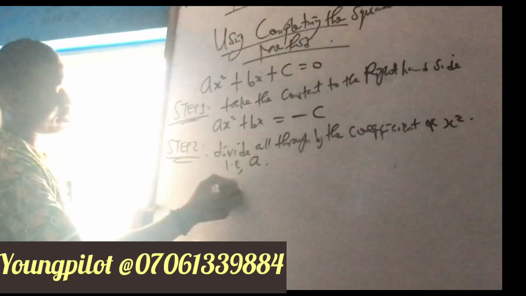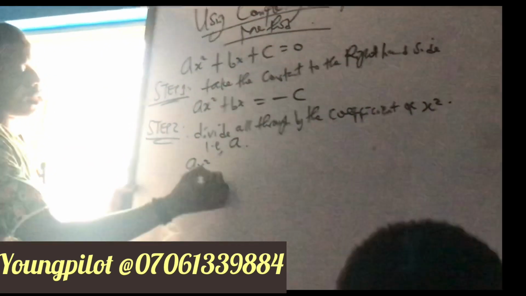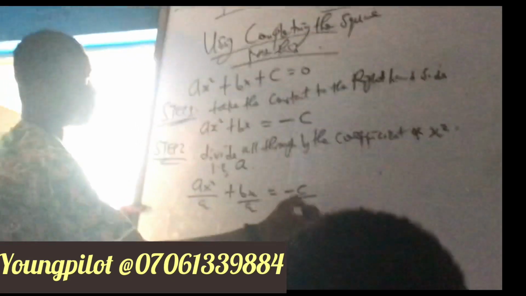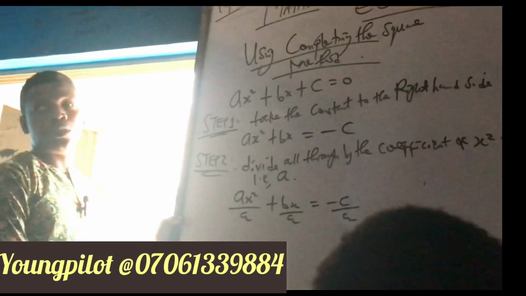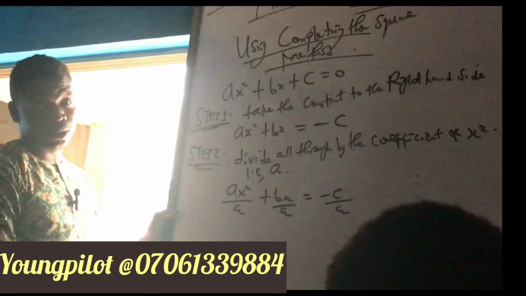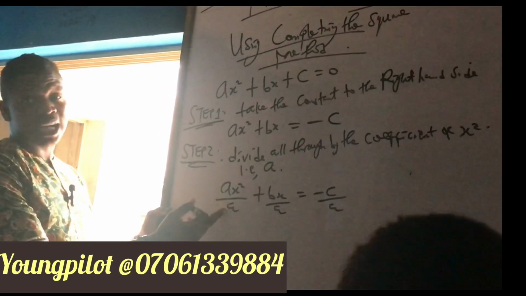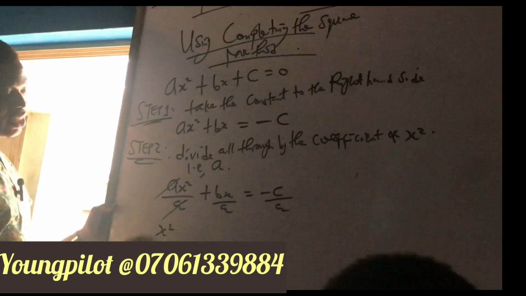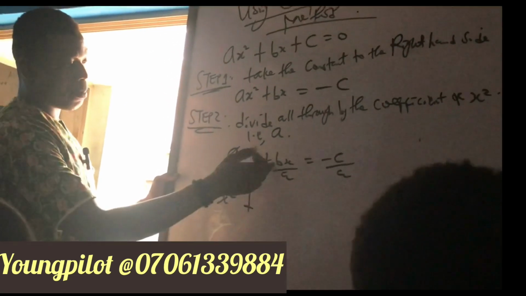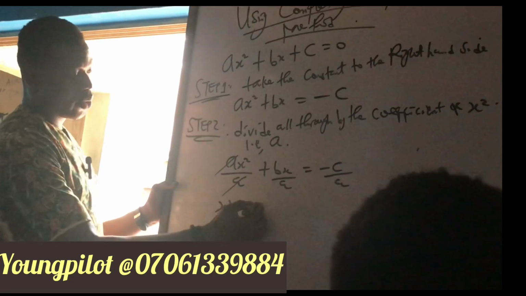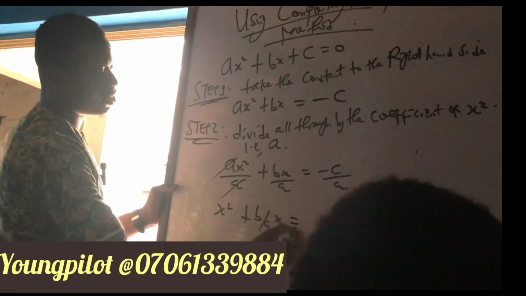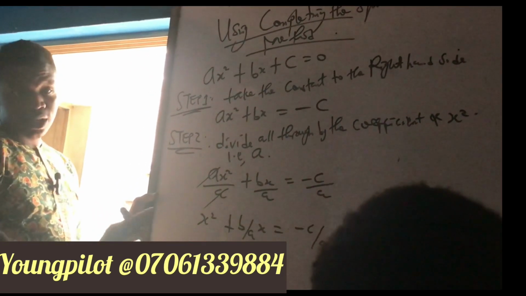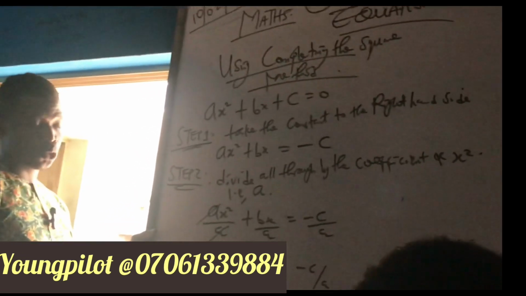So this will be ax squared over a plus bx over a equals minus c over a. Then you divide where possible. a can divide a, so we slash out this. We are left with x squared plus, b cannot divide a, so we leave it as b over a x equals minus c over a. They are not common, they can't divide. We are done with step 2.